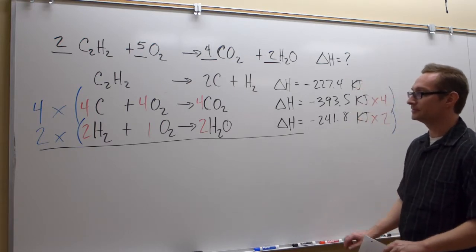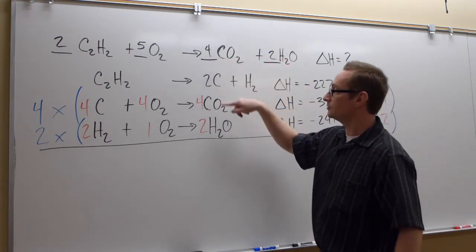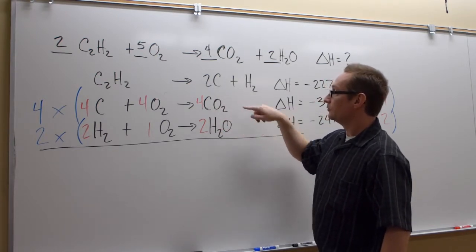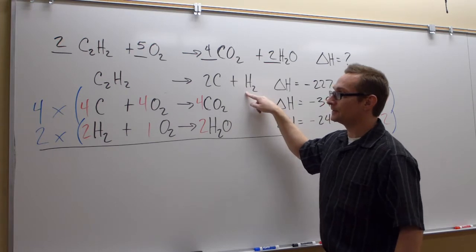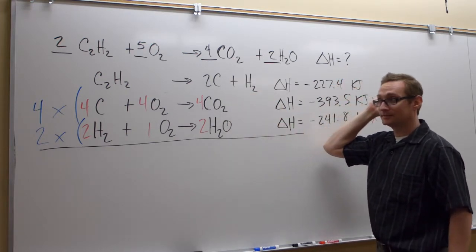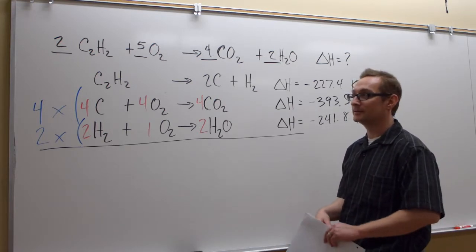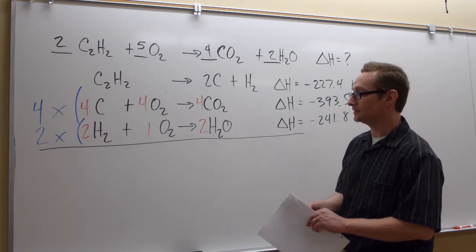And what else can we do? So we have our 2 waters, we've got our 4 carbon dioxide. We need to cancel out the carbon and the hydrogen. So what do I need to do to the top reaction? Multiply that by 2 as well.